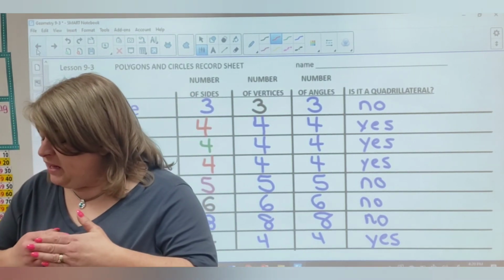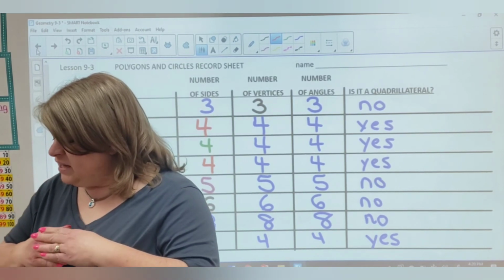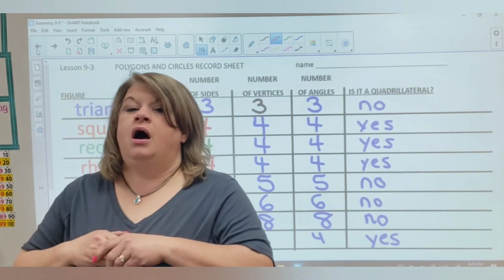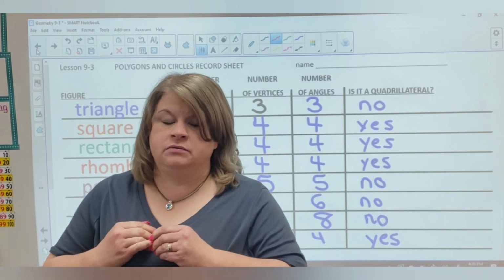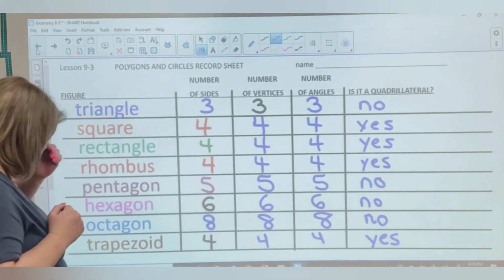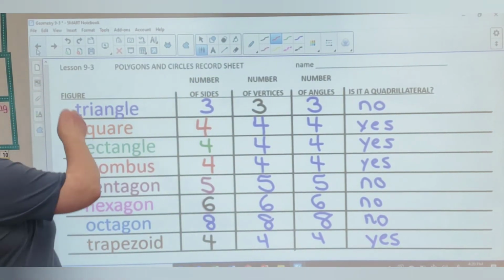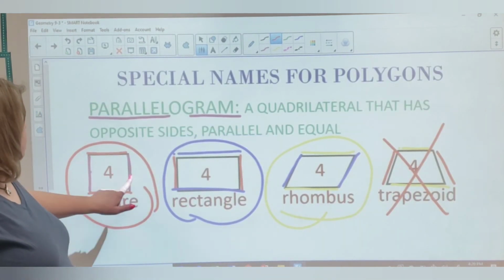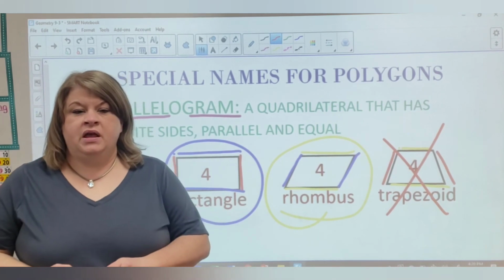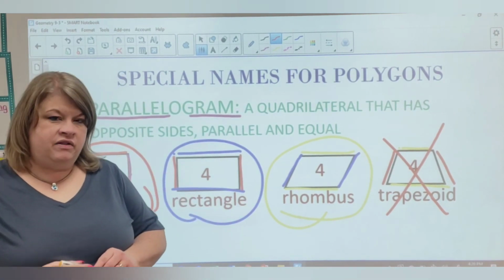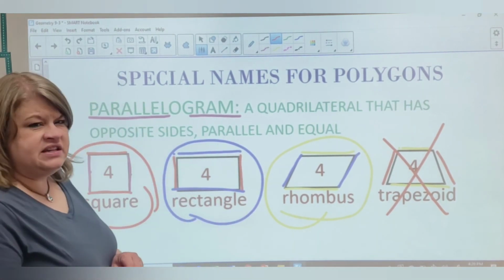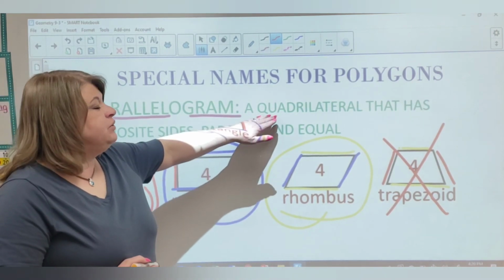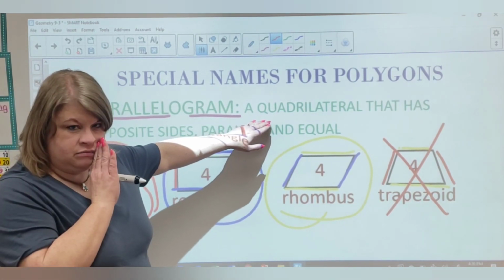It says, explain why squares, rectangles, and rhombuses are parallelograms. Well, let's go back to our page about parallelograms. There are 3 of them, and we need to explain why they're parallelograms. Let's look at the definition. A quadrilateral, what does quad mean?